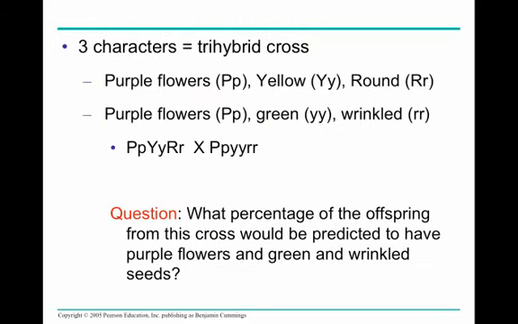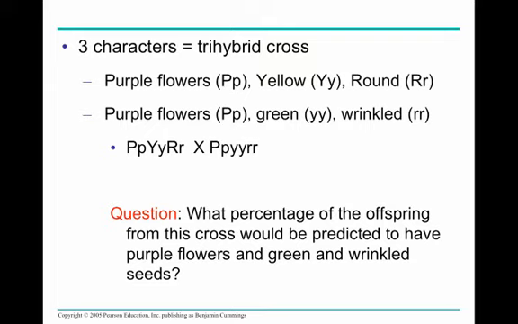So for instance here, we'll take a look at 3 characteristics at the same time. So we have a parent organism that has purple flowers, yellow seeds that are round. Okay, and then we have another parent that has purple flowers, but the seeds are green and they are wrinkled.